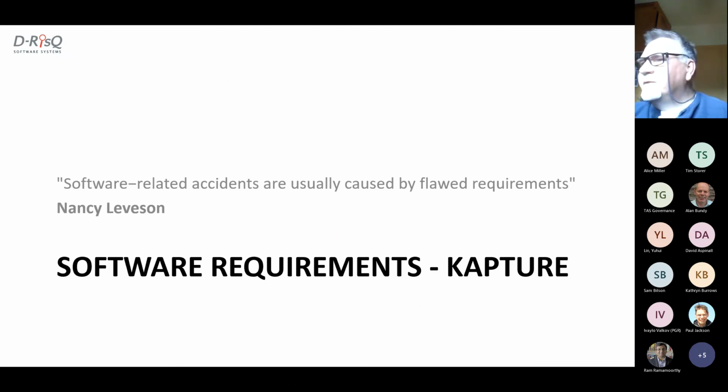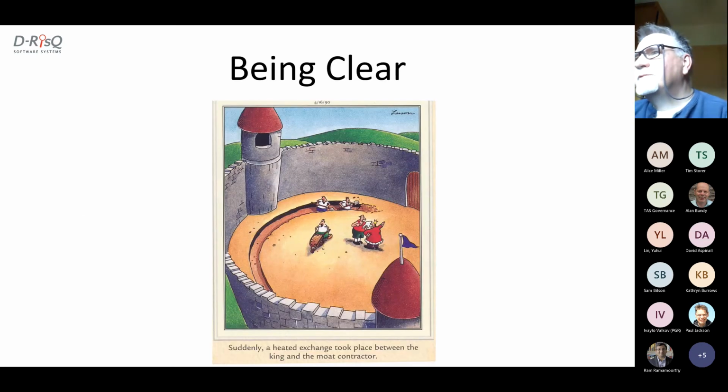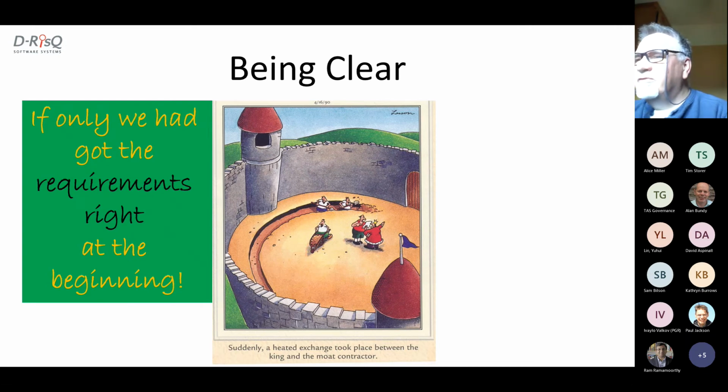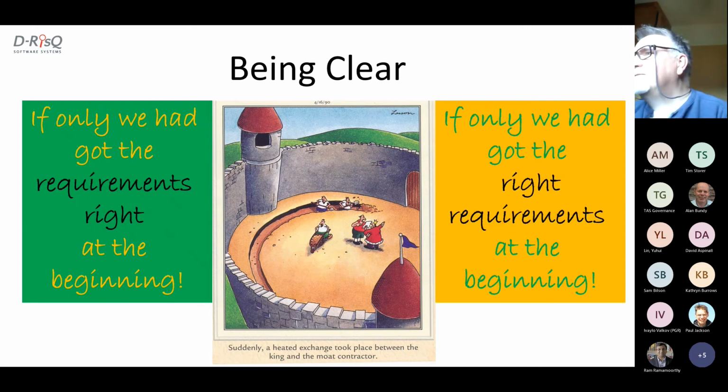Now I'm going to unashamedly promote the tools that we're developing. So starting with software requirements, we're using the tool called Capture. So being clear, if only we got the requirements right at the beginning.